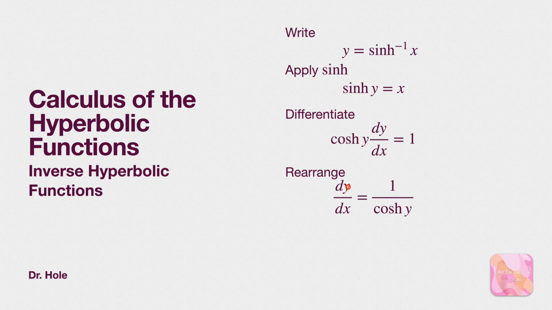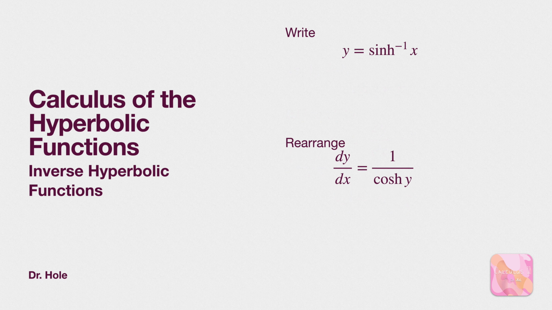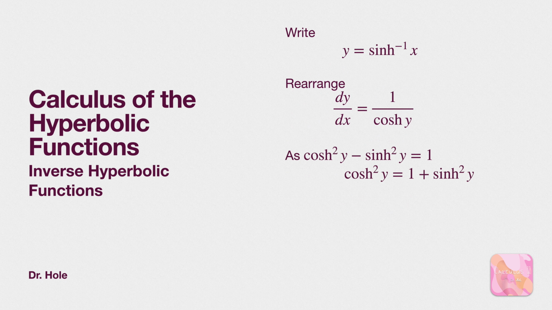Okay. Now, we want to express out the derivative of inverse hyperbolic sine as a function of x. Currently, we have it as a function of the original function. Kind of strange. So let's play around. Well, we can go back to our nice identity.